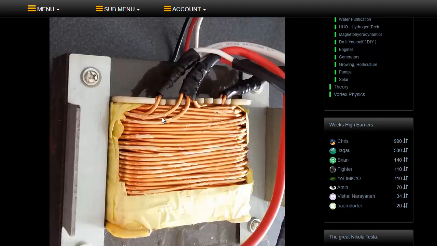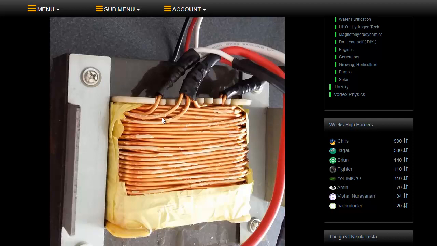I'm sure the greats back in the day knew what the differences were, and perhaps it's been written out of the textbooks or whatever, who knows, but it's not Lenz's law. It is magnetomotive force. It is the magnetic field. There's a big difference.